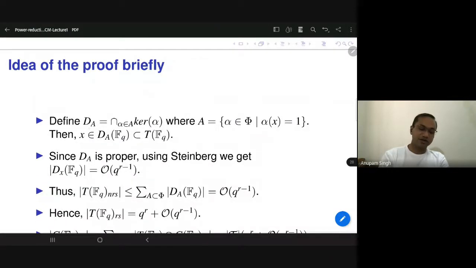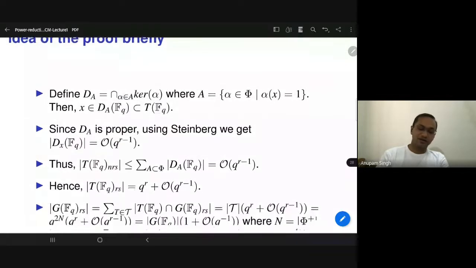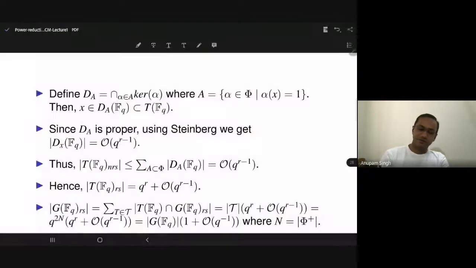Let's denote D_A to be the kernel of alpha, where the alphas I'm taking are those which vanish on a given x, and x is non-regular. Non-regular guarantees that A is non-empty.